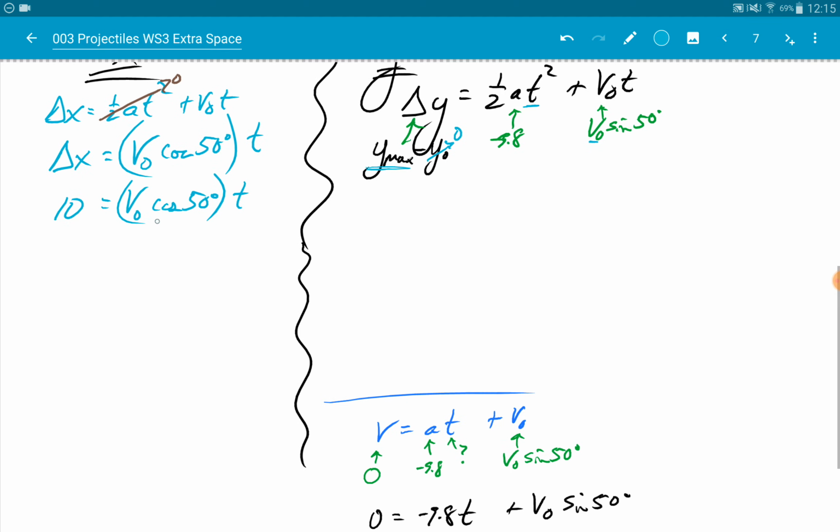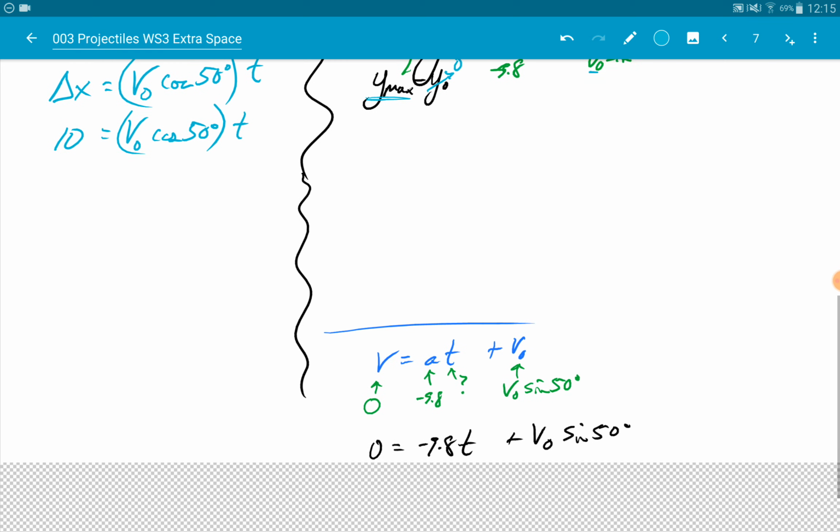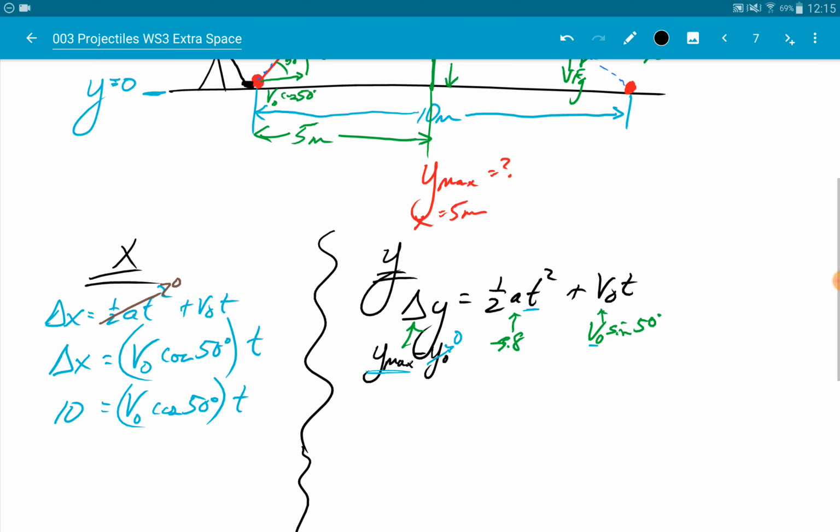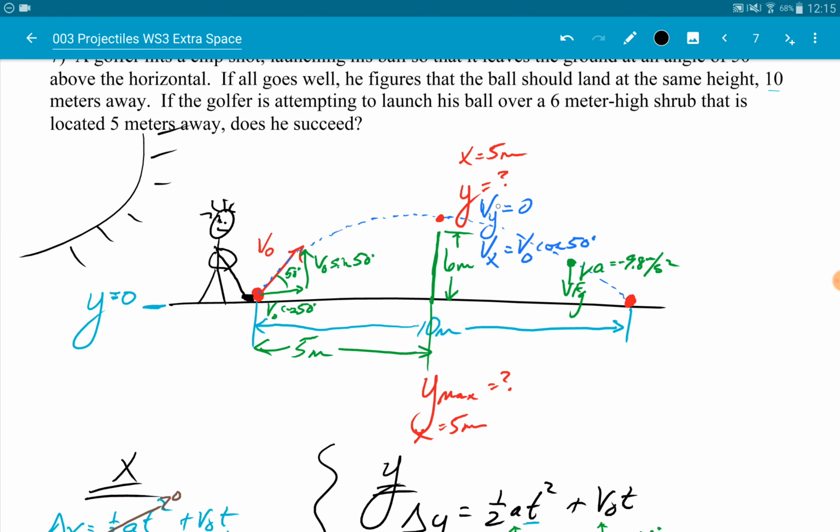Now, this equation, this teal equation, could help me with this black equation down here to actually eliminate one of these variables. Let me be specific here. In the right-hand one, this is the time to the peak there. Now, since this is a symmetric problem, we look over here, right? This parabola is nice and symmetric. The total time t is going to be twice that of the time to the peak there.